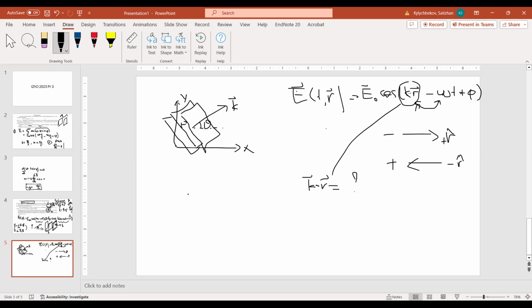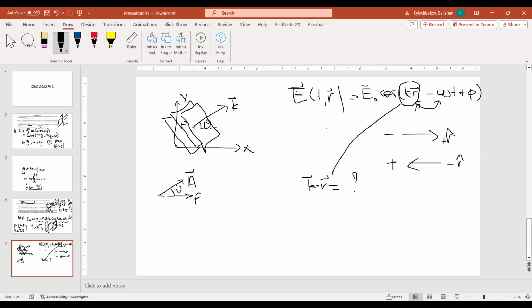So, a simple question for you. When you have two vectors, vector A, да? Vector A and R hat desek.